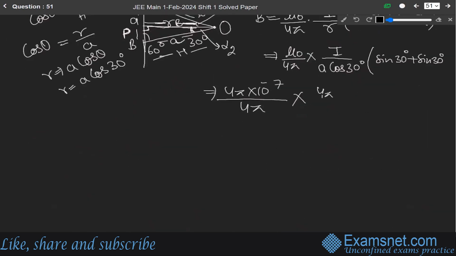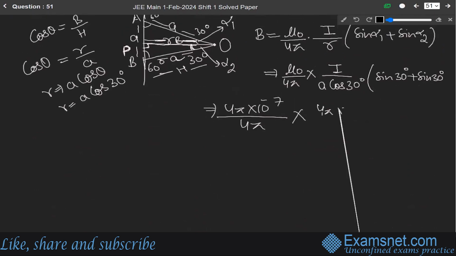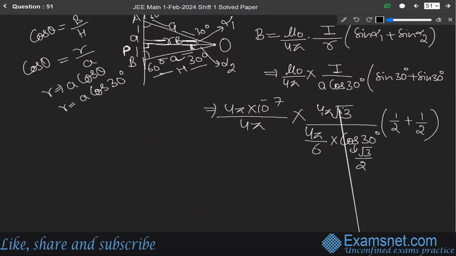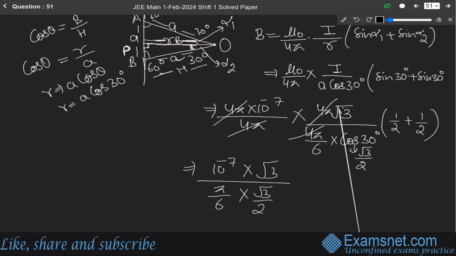Now 4 pi root 3 over A, side is 4 pi by 6, into cos 30, which is root 3 by 2, into sine 30 which is 1 by 2, plus sine 30 which is 1 by 2. Now solving this, we get 10 to the power minus 7 into root 3 over pi by 6 into root 3 by 2 into 1 by 2 plus 1 by 2. 2 by 2 means 1.